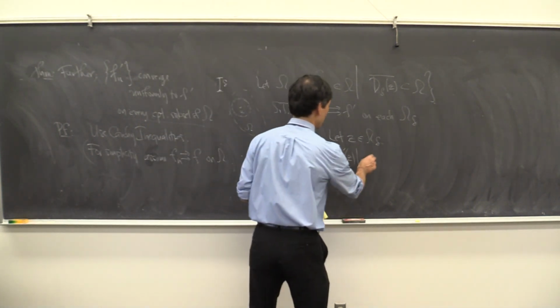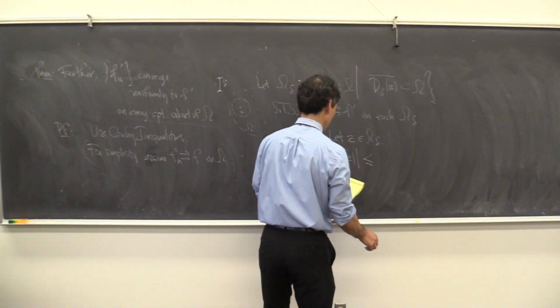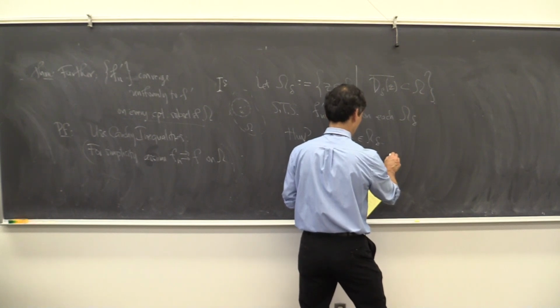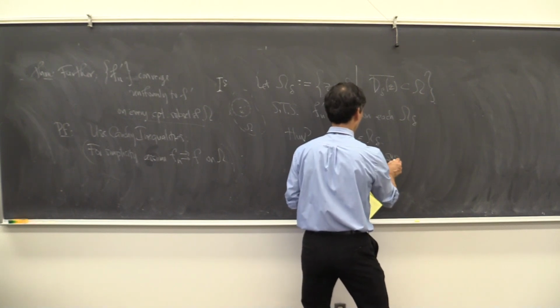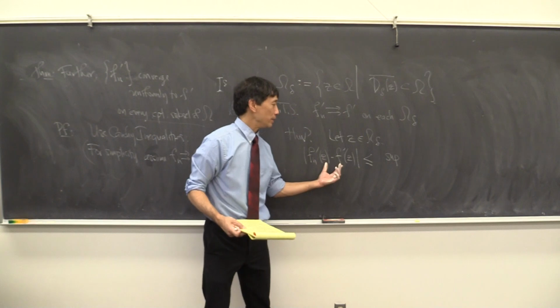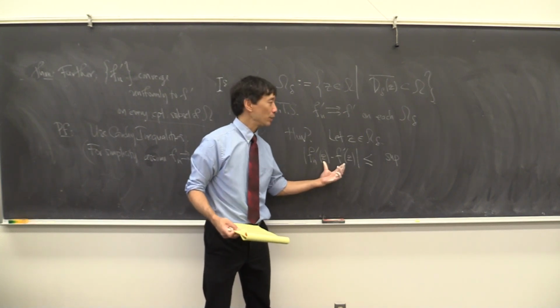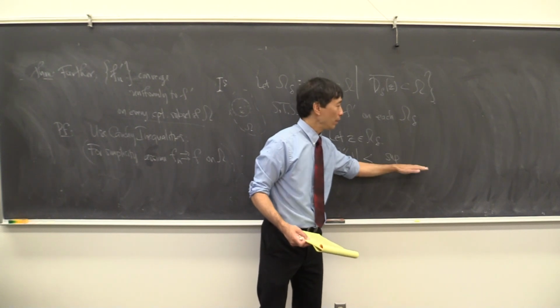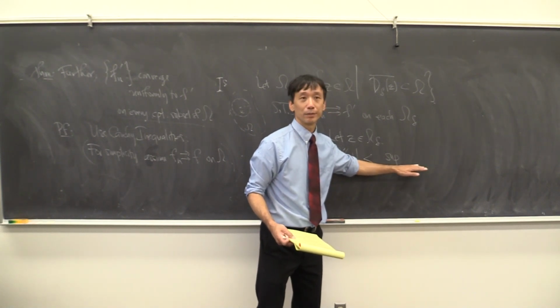By Cauchy's inequalities, we know that that's controlled by the supremum. Cauchy's inequalities says that the derivative is controlled by the supremum of the function over the curve, divided by the radius.